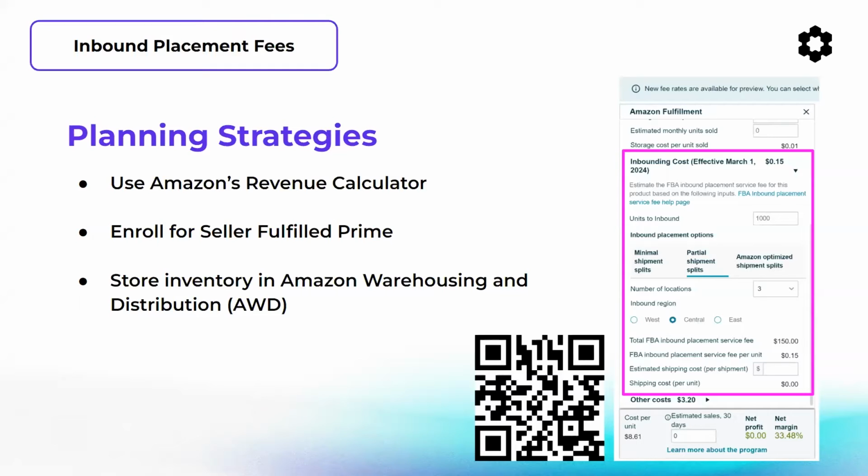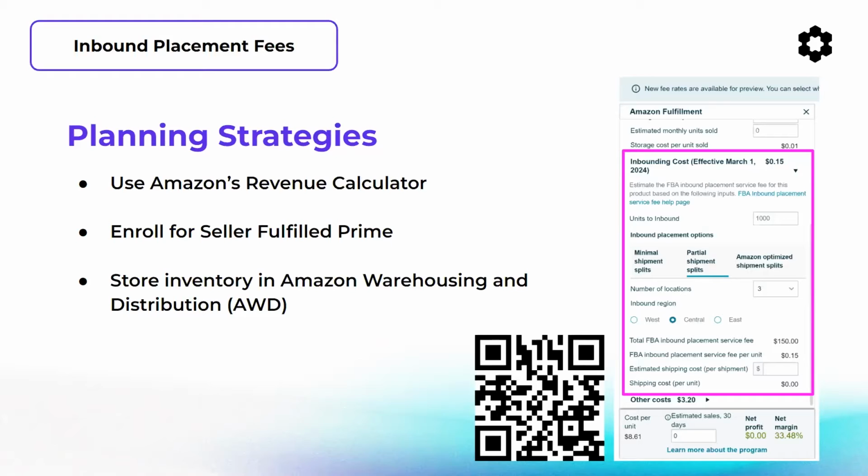If you're using FBA as a supplement to your 3PL or directly from your manufacturer, that's probably something you have to pay, unless you use the 2 other options. One is to enroll in Seller Fulfilled Prime. They opened up the enrollments maybe in Q4 last year. That is an incredible program, and I've seen several accounts that have it. But you need to have very high standards, and the requirements to have that badge are huge.